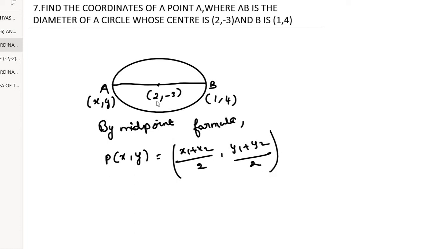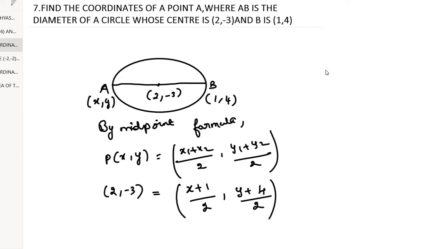So instead of P of (x, y), the center point is given here, (2, minus 3), is equal to, what is in the x1 place? x. What is in the x2 place? 1, by 2. What is in the y1 place? y. And what is in the y2 place? 4.